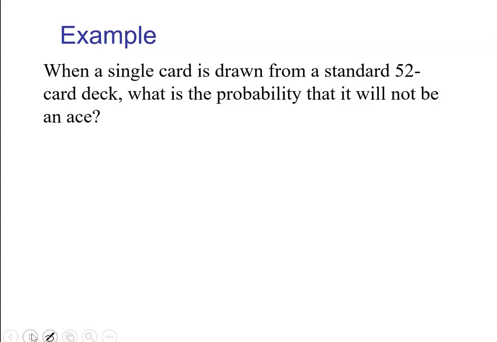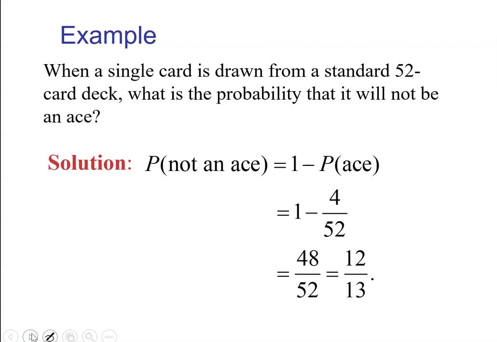Please take a little bit of time, maybe go online and research that, make sure you know what's in the deck of cards, because I will make that assumption. If you have trouble with that, please let me know. It's definitely easier to figure out the probability it's an ace, because there are 4 of them. So 1 minus 4 out of 52 gives us 48 out of 52, or 12 out of 13.